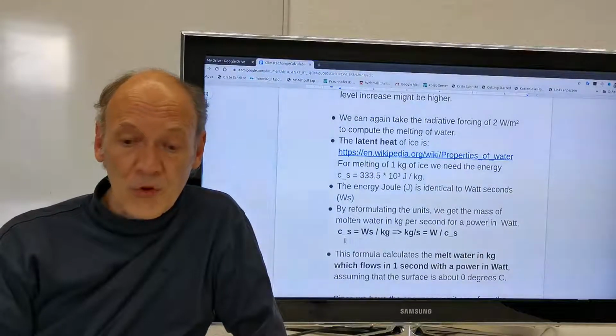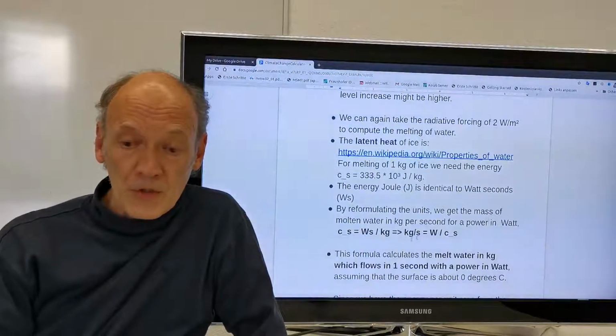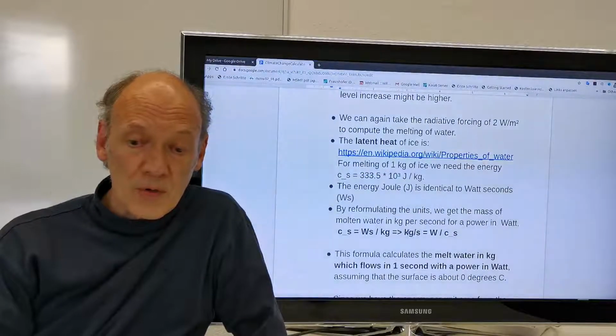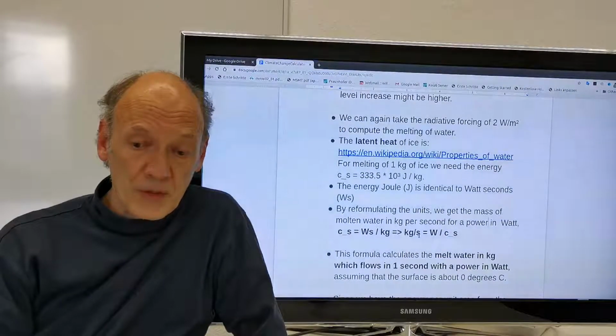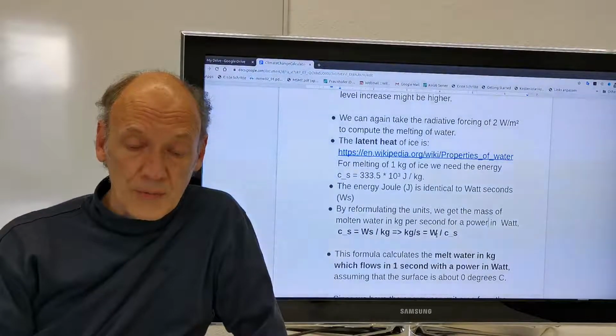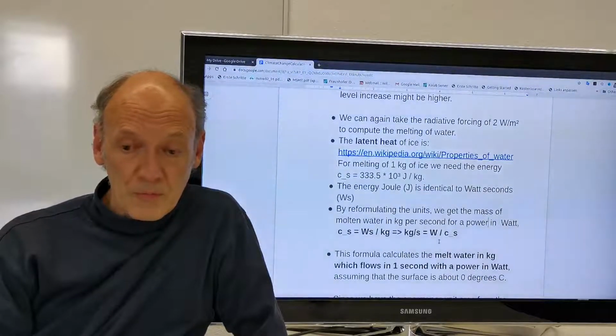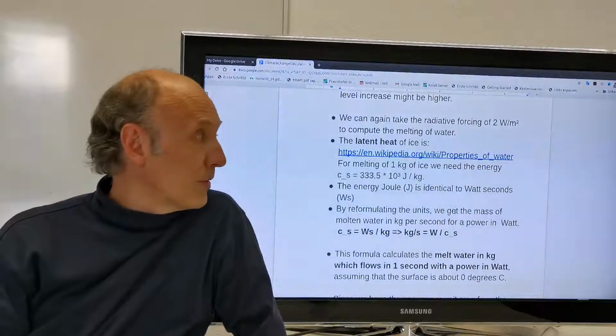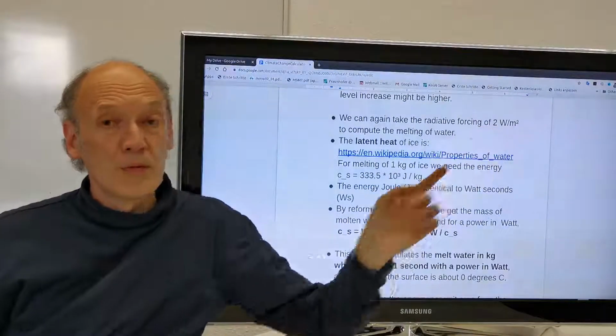So now we have a formula which gives us the amount of melting water per second given the power in watts. And we already have the power in watts. It's the 2 watts per square meter.